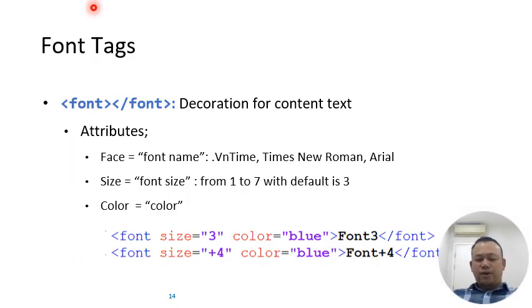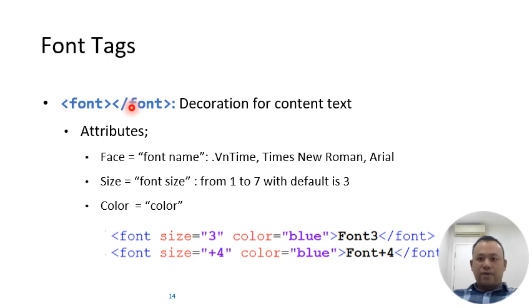Now we move to the font. Like Microsoft Word, HTML also supports many fonts to display words. The font tag with size and color can be used. The font tags were commonly used in older versions of HTML to define the font size, color, and face of text within a web page.